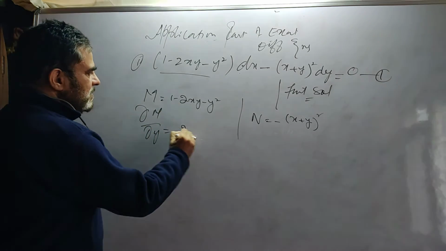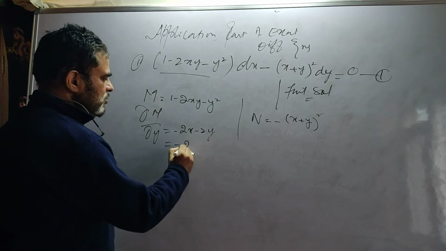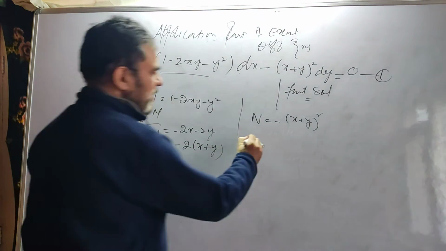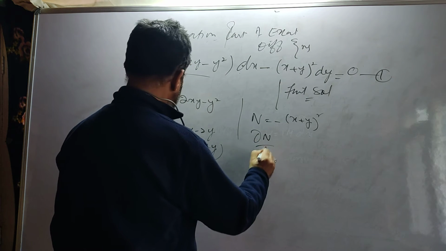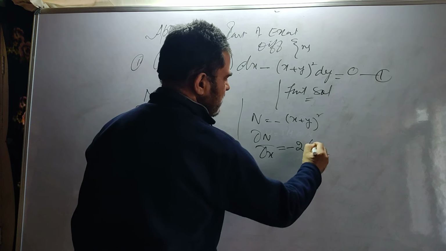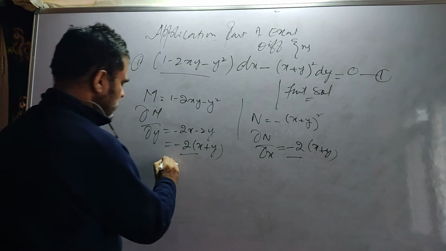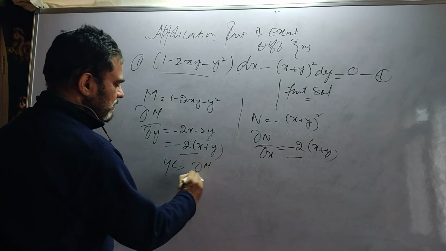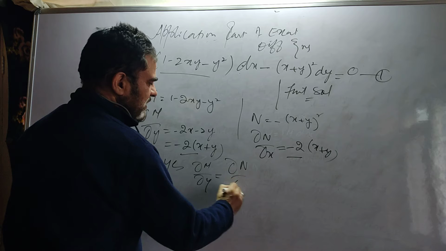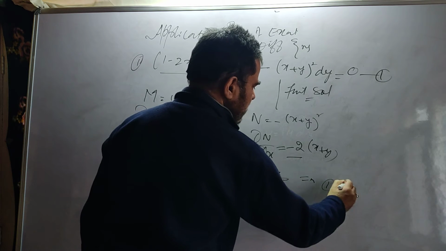It is minus 2x minus 2y, which you can write as minus 2 times (x plus y). What is partial of N with respect to x? It is also minus 2 times (x plus y). You observe that this is equal to this. Yes, partial of M with respect to y is partial of N with respect to x. Yes, the equation is exact.